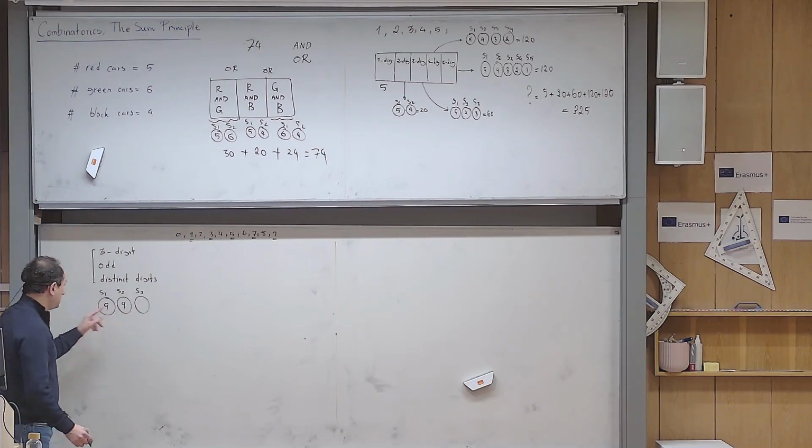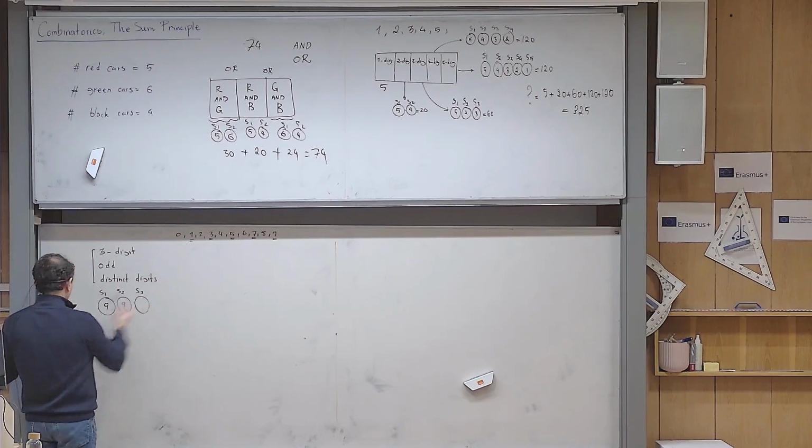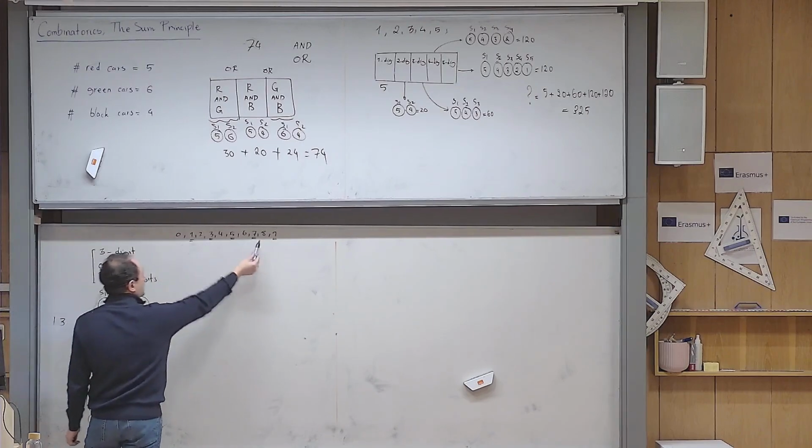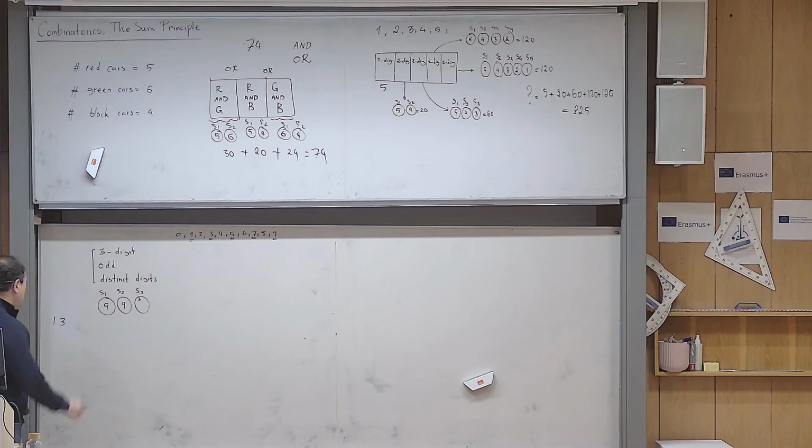Let us say in the first step I have chosen 1, in the second step I have chosen 3. I am not allowed to repeat the digits, so how many options are available for me? For this one only, no, 1 is gone, 3 is gone, 3 of them are left, so I would write 3. Okay? But it might be the case that in the first one I chose 1, in the second one I chose 2.